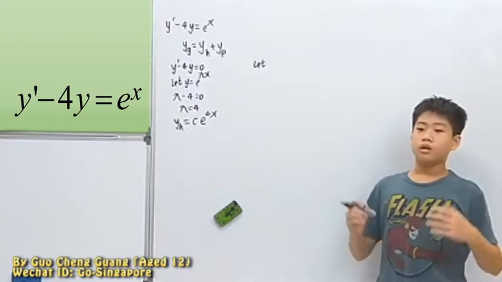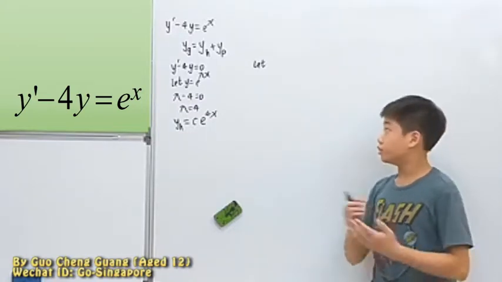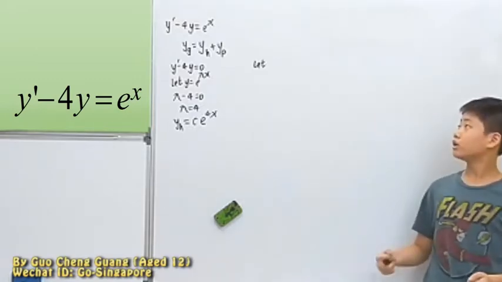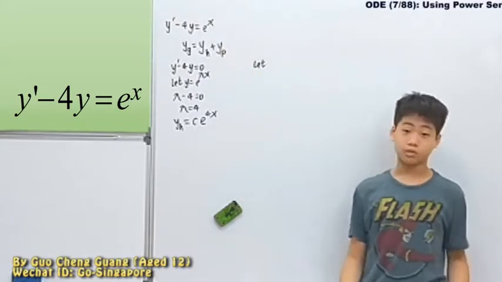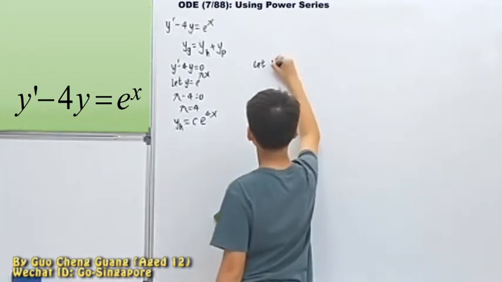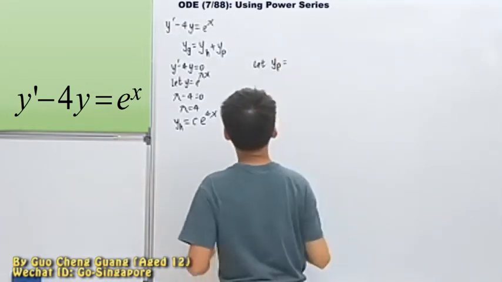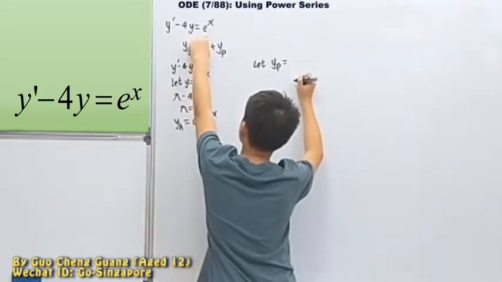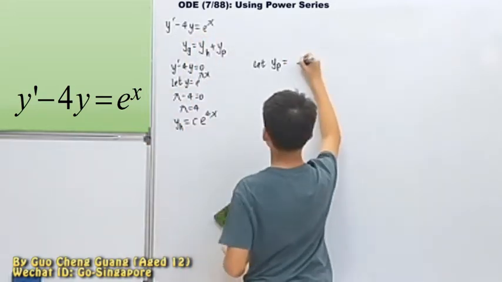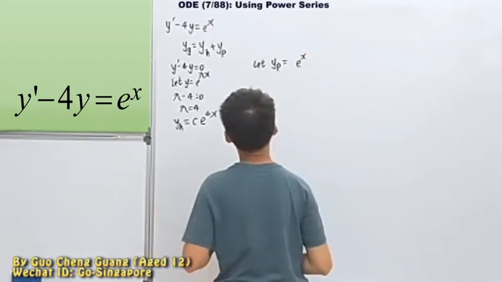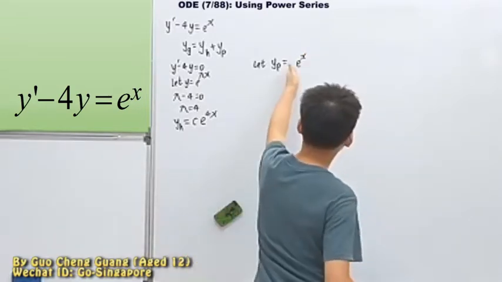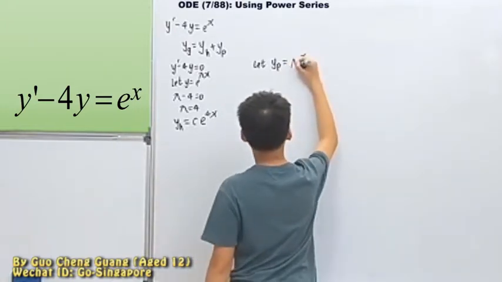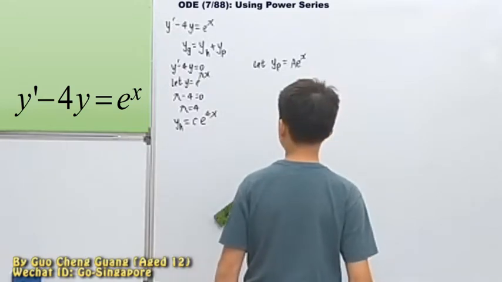Well, you differentiate it, still exponential. So that means we get this still from exponential. So what do we put here? Here is e to the power of x. Then the coefficient we don't know, so just put it as a.